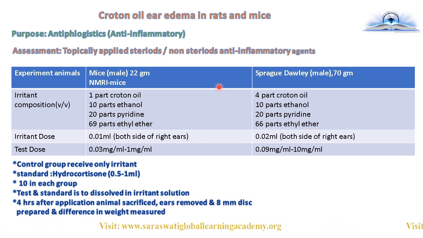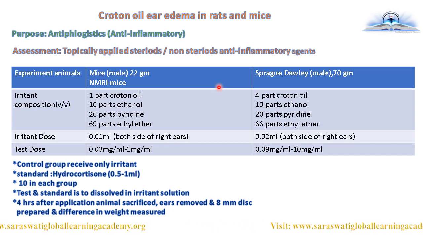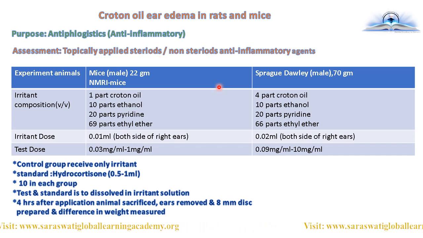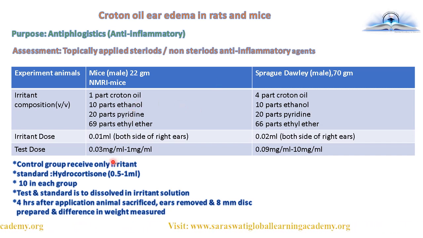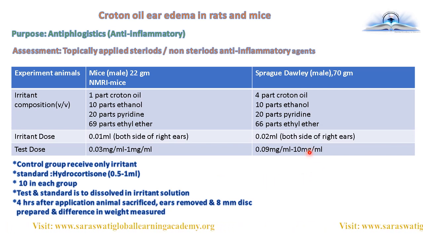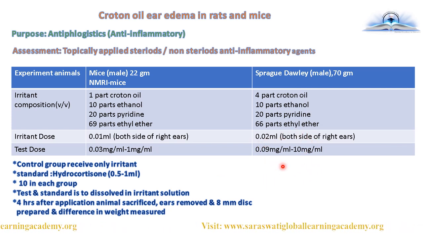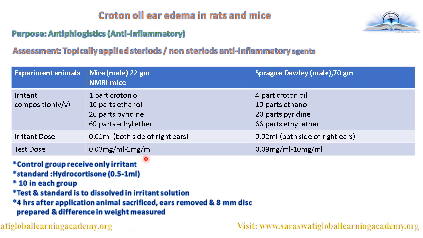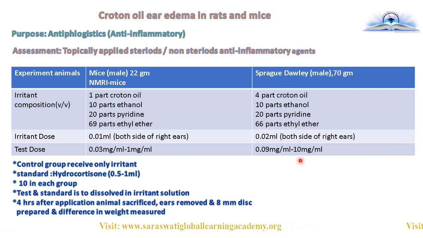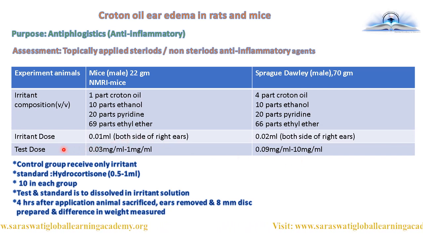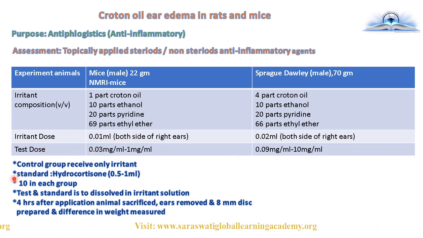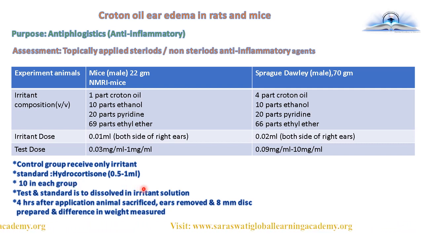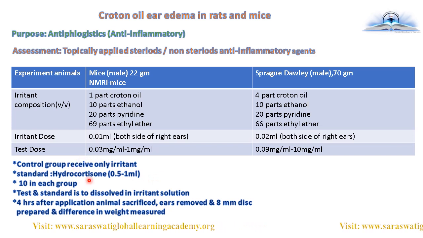Okay. Now the test dose would be 0.3 mg per ml to 1 mg per ml, as has been shown here in case of mice, and it should be 3 to 10 times higher concentration in case of the rat. Now this has to be administered separately. Now the standard drug that we will be using here, hydrocortisone, or whatever other non-steroidal or steroidal anti-inflammatory drugs you can use.